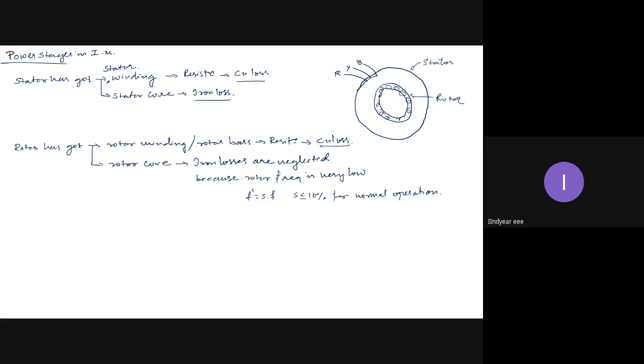Now, is PA equal to PSH or P out? In DC machines, we have solved so many examples. Was PA equal to P out? Was armature developed power equal to the shaft power or the output power? I'm asking.